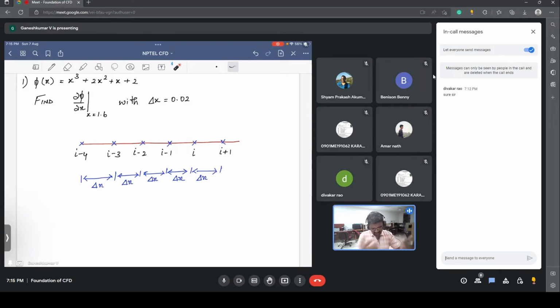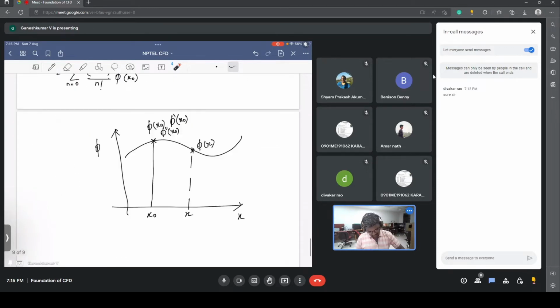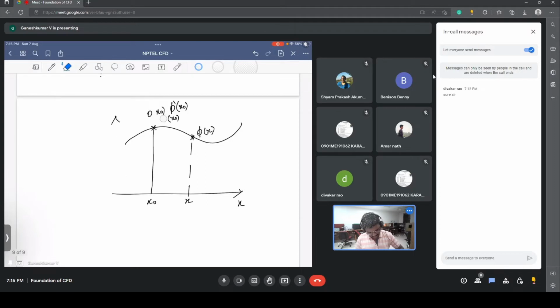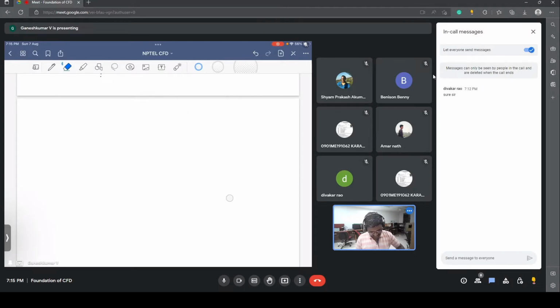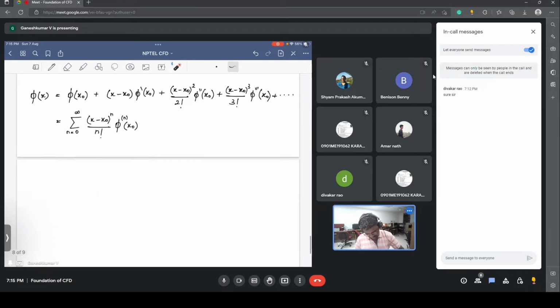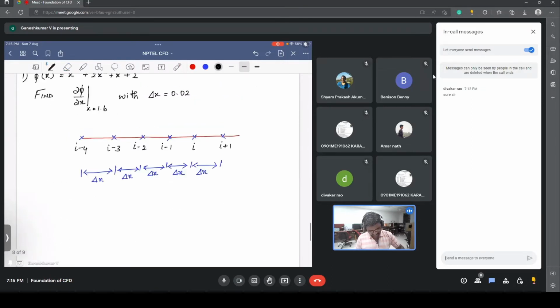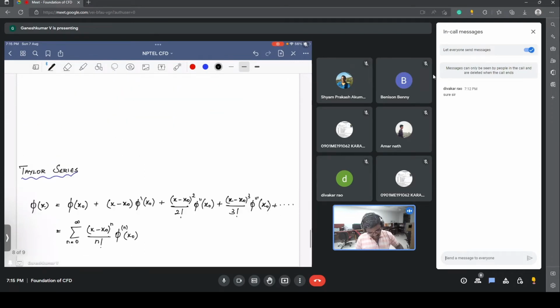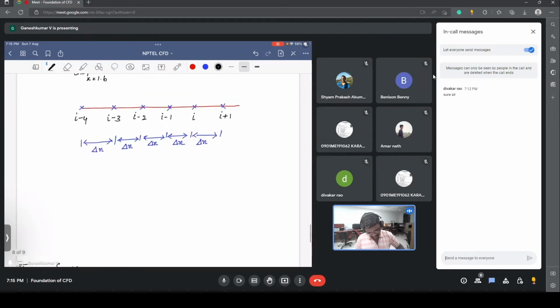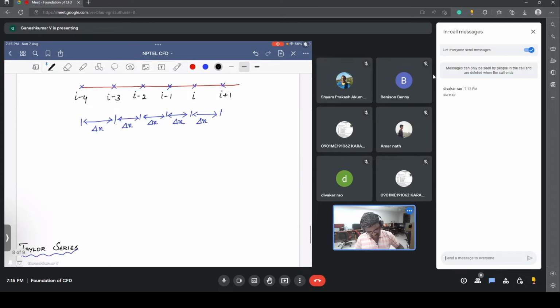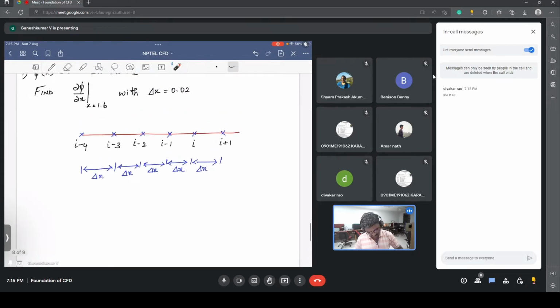So let's say I'm applying it, so how will we start? Do you guys have any idea how to develop a discretization scheme? It's actually basically simple. What we will do is find the Taylor series for the points of interest.